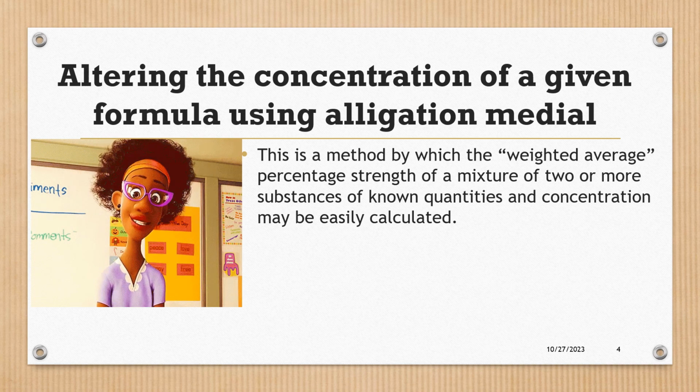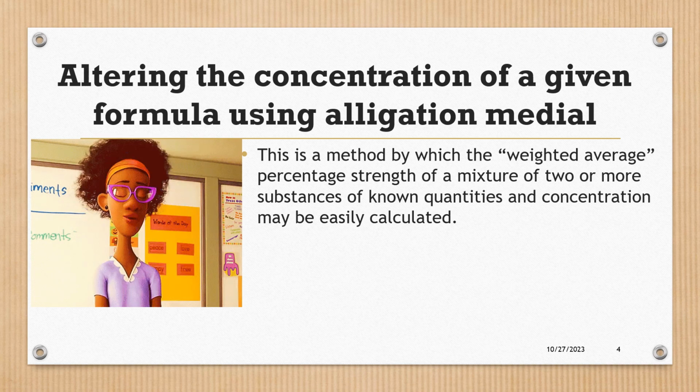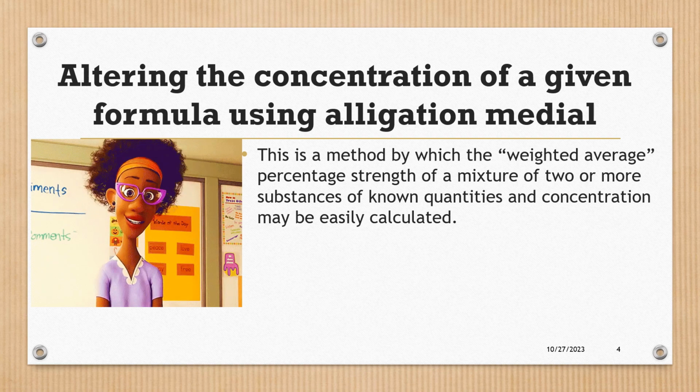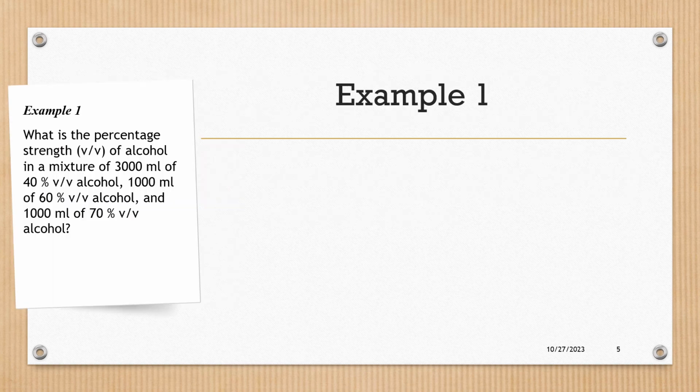We'll start off with alligation medial. Alligation medial enables the effortless calculation of the weighted average or percentage strength for a mixture comprising two or more substances with known quantities and concentrations.